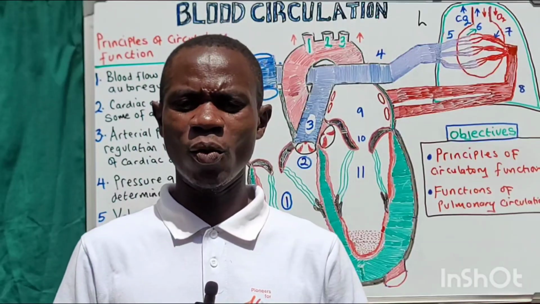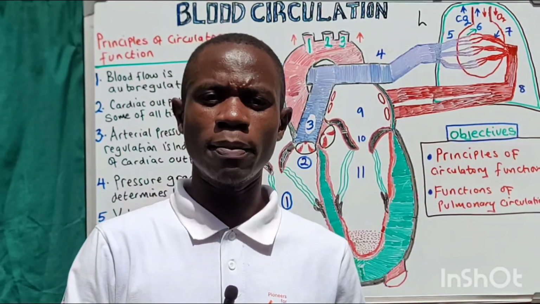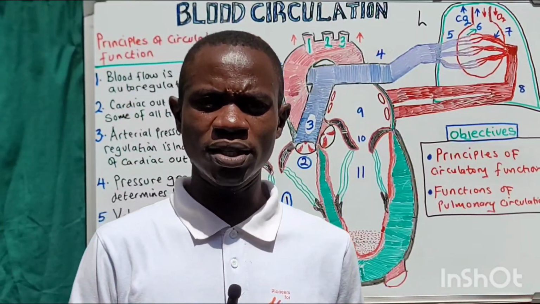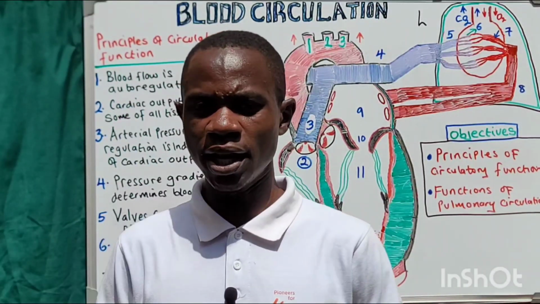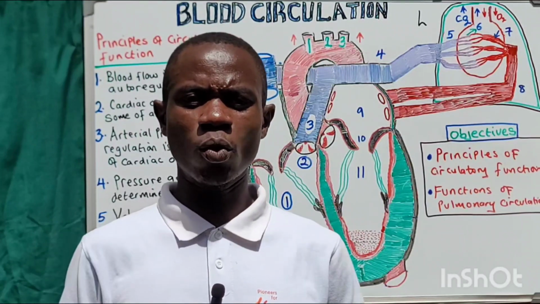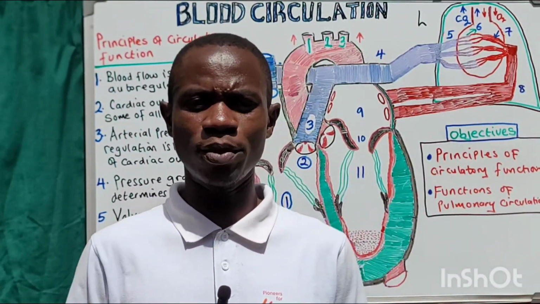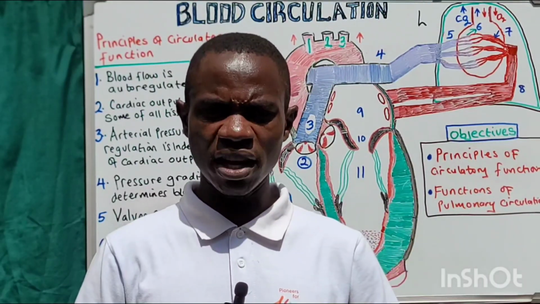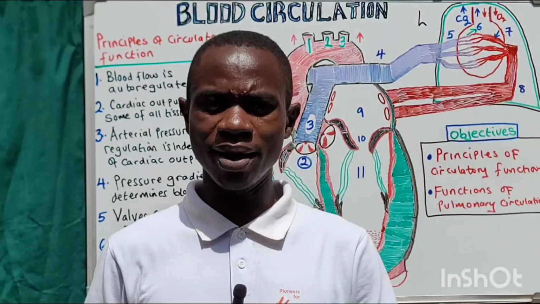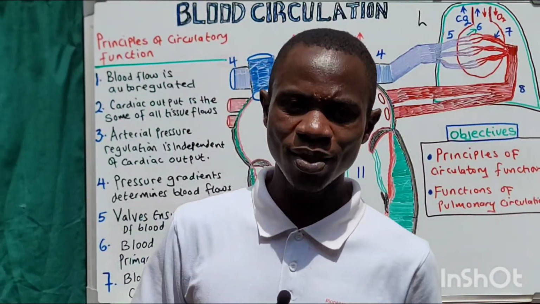What happens is that when there's a slight decrease in blood pressure, we have the baroreceptors, which reside on the aortic arch and also the carotid tissues. When these structures sense a decrease in blood pressure, they send a signal to the central nervous system, which responds by a physiological mechanism that increases the heart rate.